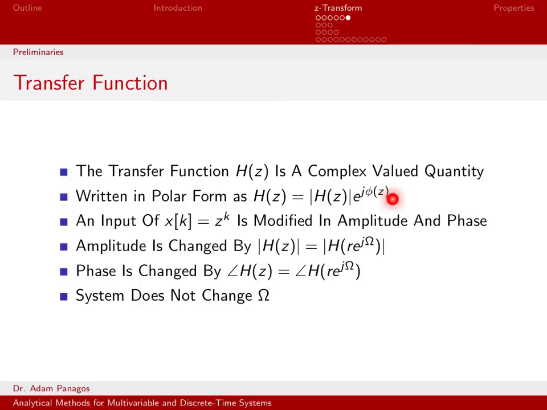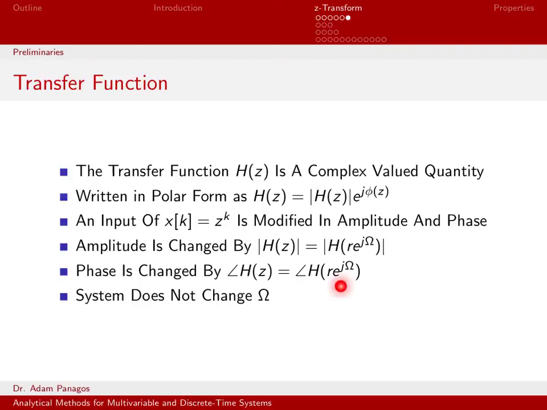And these two quantities tell us how the input is modified. If our input is z to the k, the amplitude of that signal will be changed by an amount, magnitude of h of z. So all that matters is what z you are putting into the system. Same thing with phase. If z to the k is my input, the phase is going to be modified by the amount, angle of h of z. So again, all that matters is what z you are putting into the system.